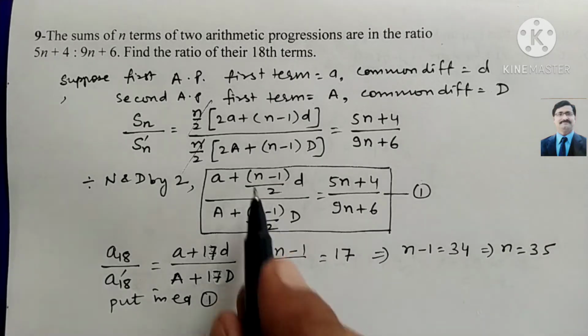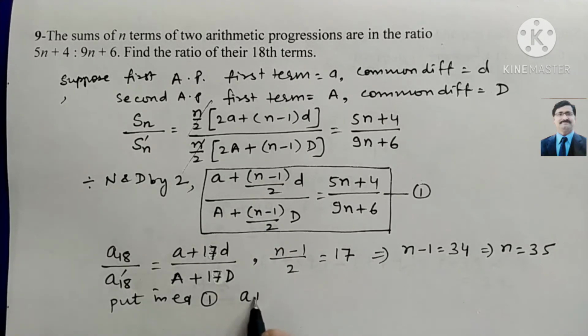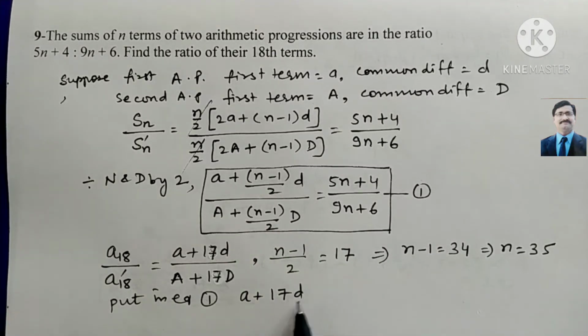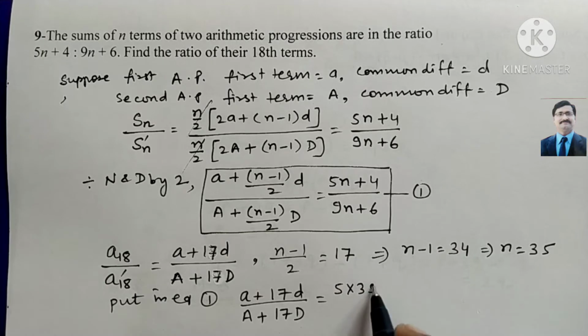This value we put in equation 1. We get a plus 17d upon capital A plus 17 capital D equal to, in place of n we put 35, 5 into 35 plus 4 upon 9 into 35 plus 6.